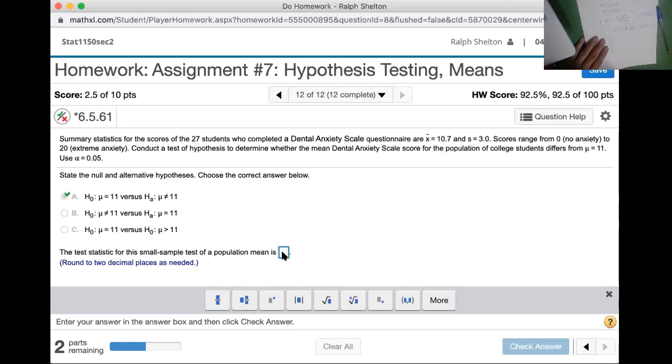We could also go into StatCrunch and tell it to do a hypothesis test, and it calculates that. So let's do that. I'm going to close out some of this stuff, stop share, reshare.